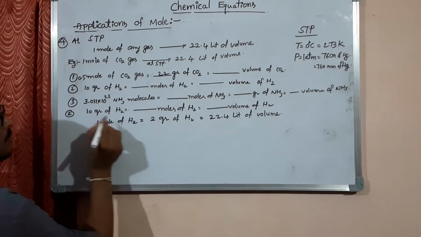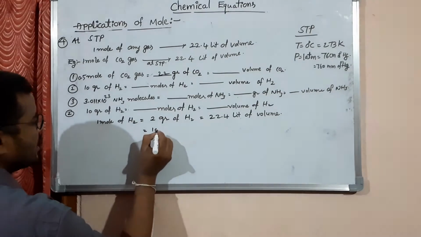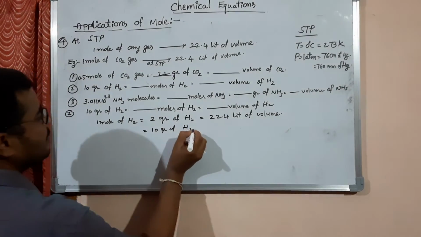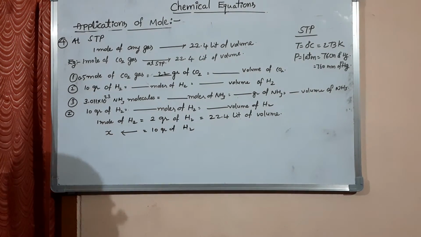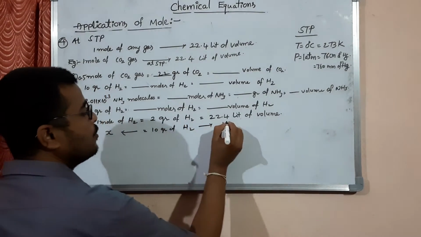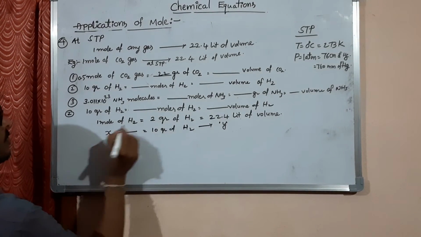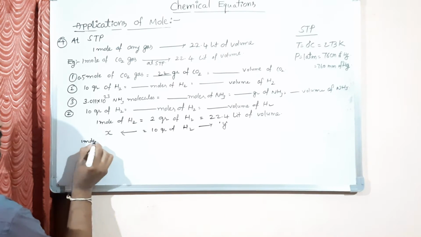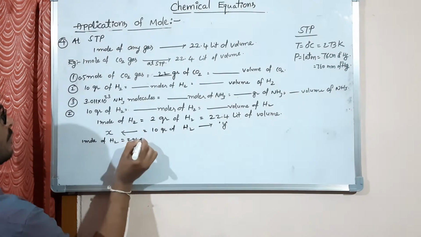After writing the data, now how to solve this problem? See here, in terms of grams, you have to write 10 grams of hydrogen. Means how many moles? Let it be X moles. How much volume? Let it be Y liters of volume. Now I am taking only these two. 1 mole of hydrogen is equal to 2 grams of hydrogen.